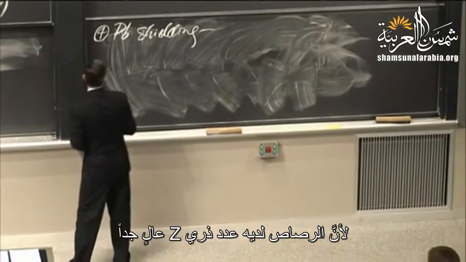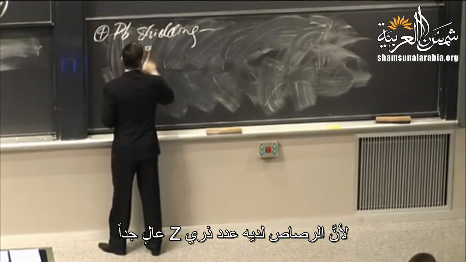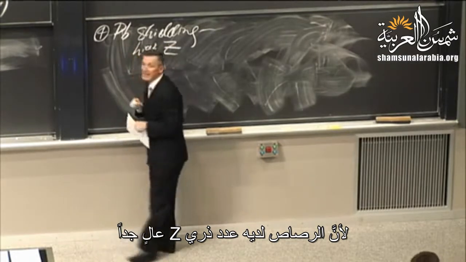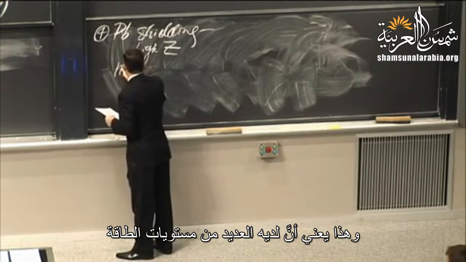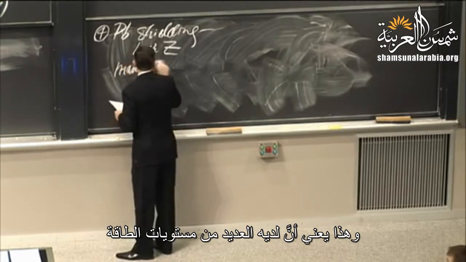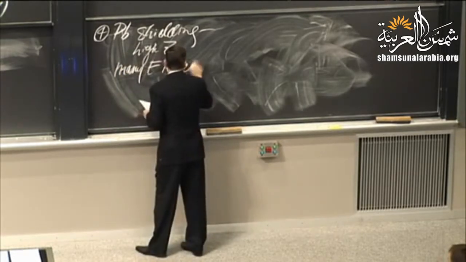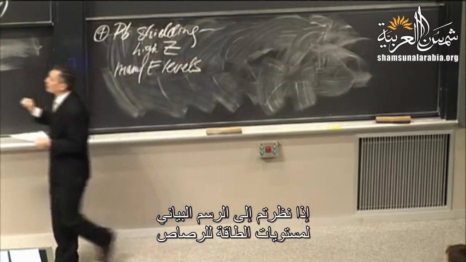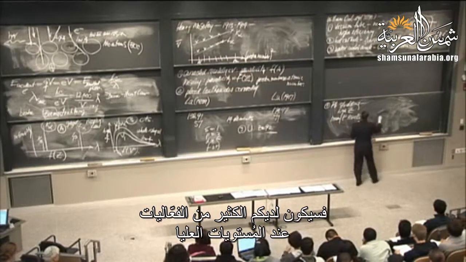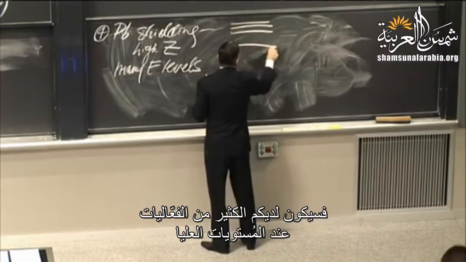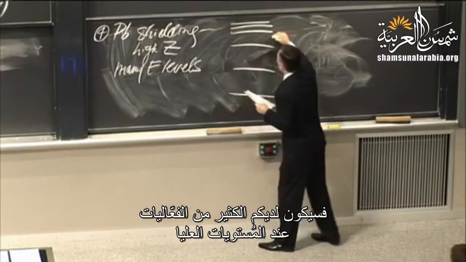Well, it's got a very high Z. That means it's got many energy levels. So if you start looking at the energy level diagram of lead, you've got lots of action up in here.